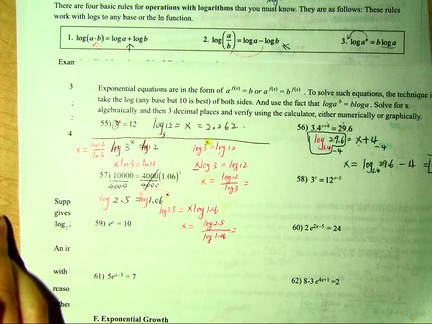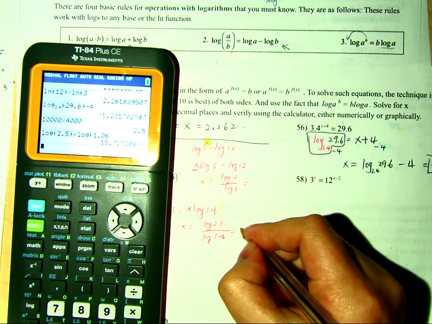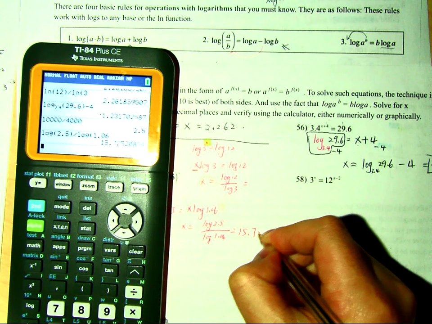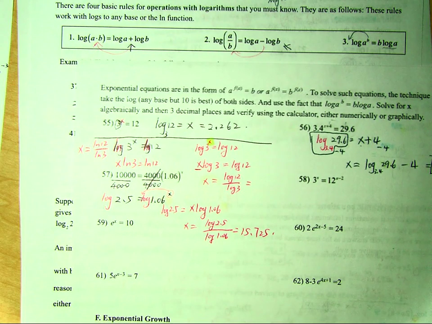And then you can type it into your calculator again. So log 2.5 divided by log 1.06, and which would be 15.725. Okay, that's how you do this one if you have a coefficient in front.